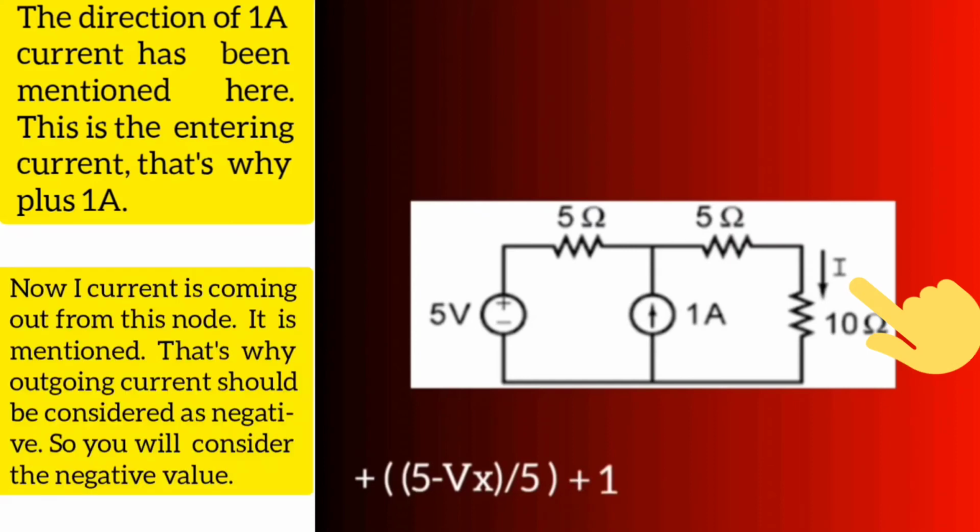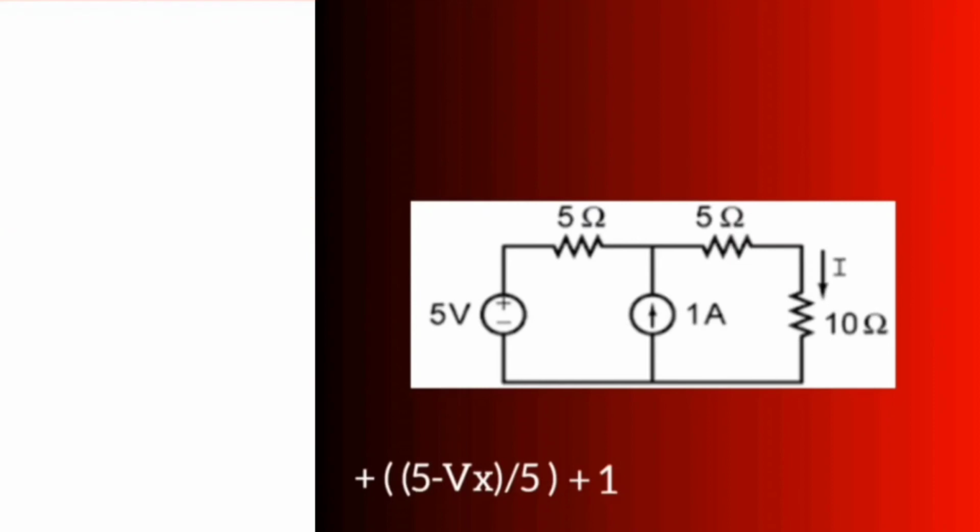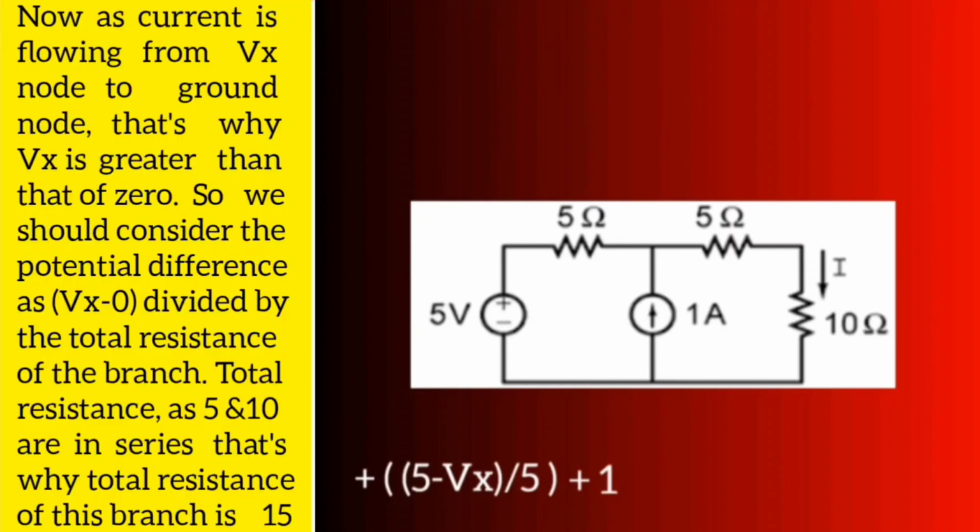Now the current I is coming out from this node, as mentioned, so the outgoing current should be considered negative. As current is flowing from node Vx to the ground node, Vx is greater than 0. So we consider the potential difference as Vx minus 0 divided by the total resistance of the branch.